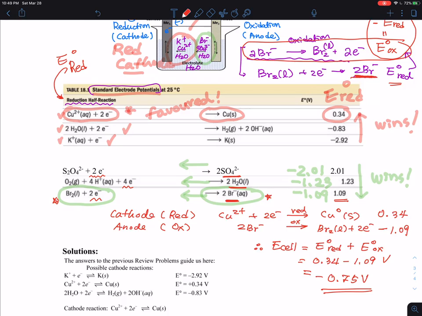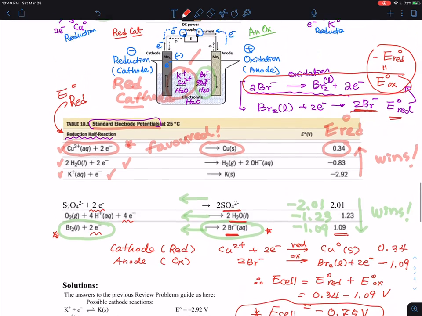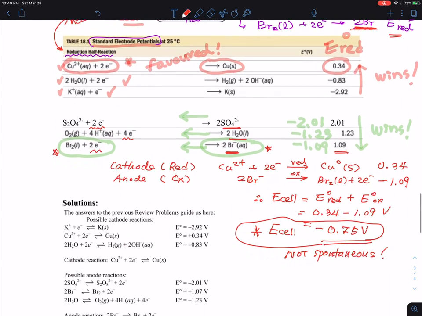So this is something that you need to also think about as being consistent with what we discussed in the previous problem. This is not spontaneous. So therefore, I want the reaction to be happening.